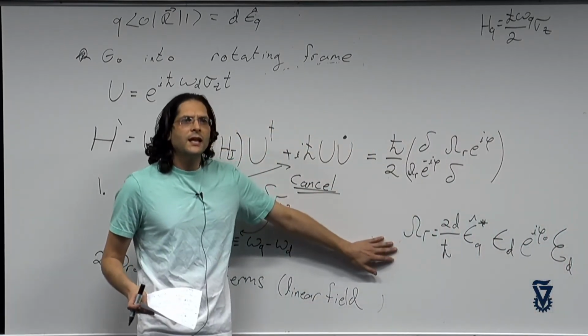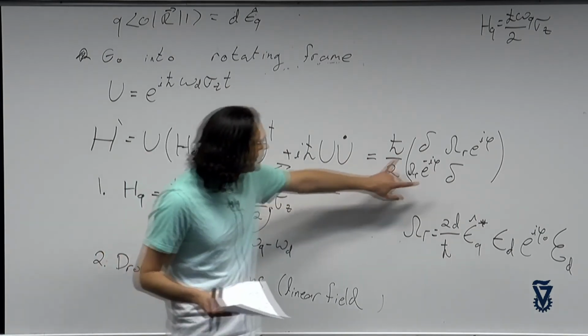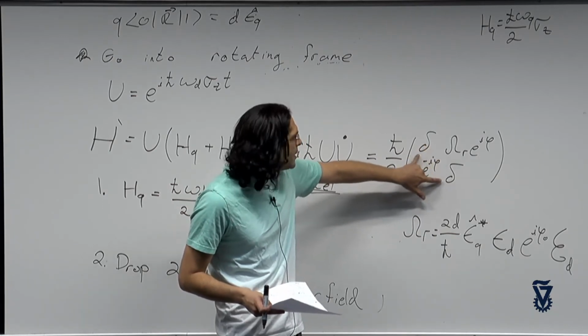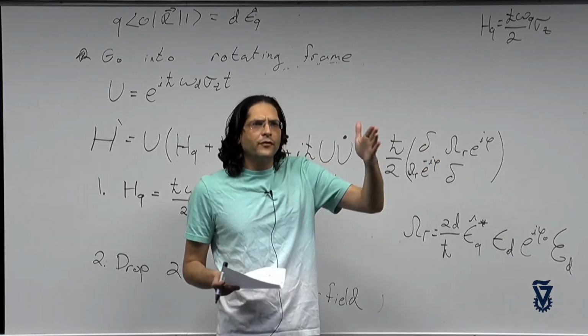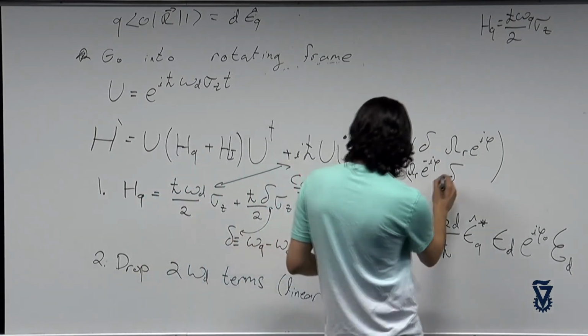So just like in the magnetic moment case, we have our spin. It gets extra phase rotation from the detuning. Sorry, I'm missing a minus sign here.